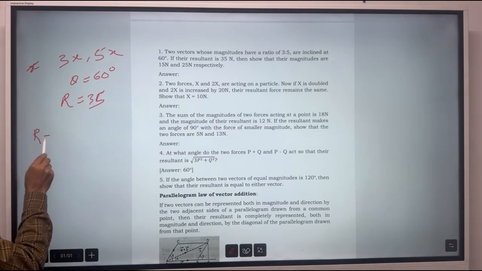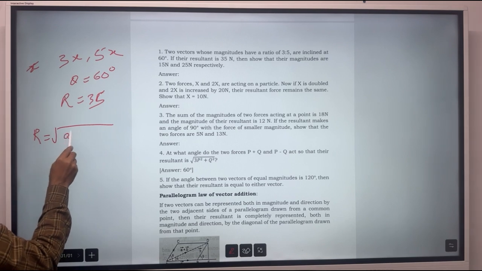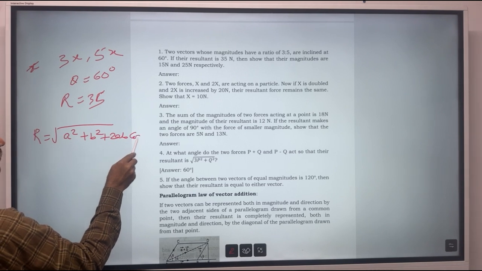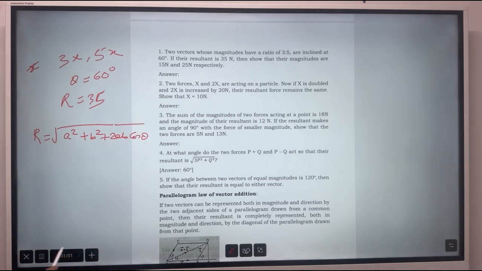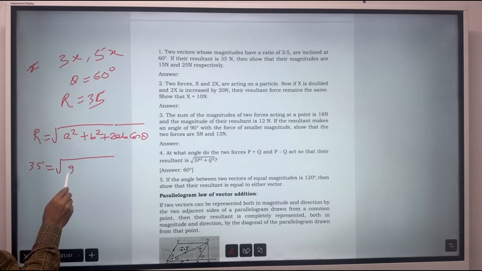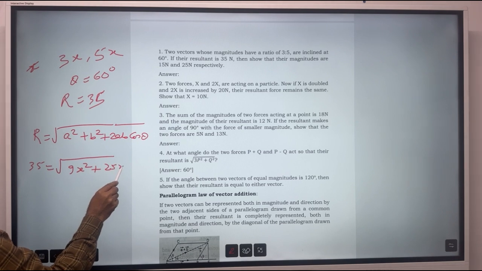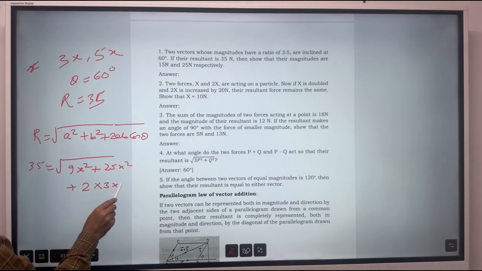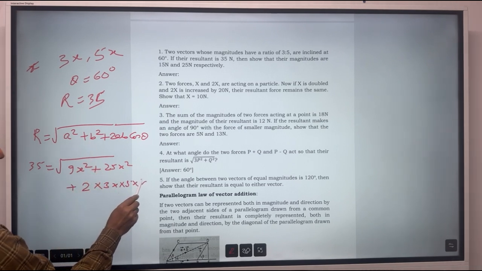Now you can apply the formula. What is the formula for the resultant? Root of a square plus b square plus 2ab cos theta. Now the resultant is 35, equal to root of a square. So the square of 3x, that is 9x square, plus 25x square, plus twice of 3x into 5x into cos 60, that is 1 by 2.